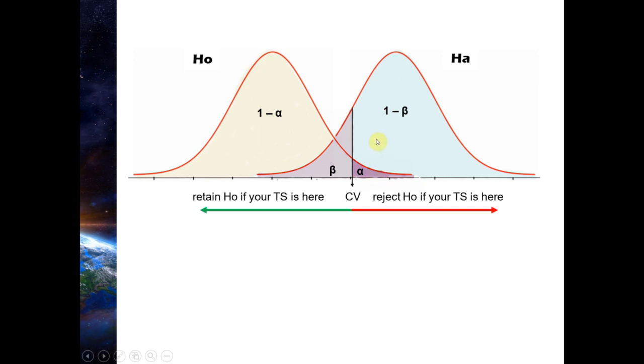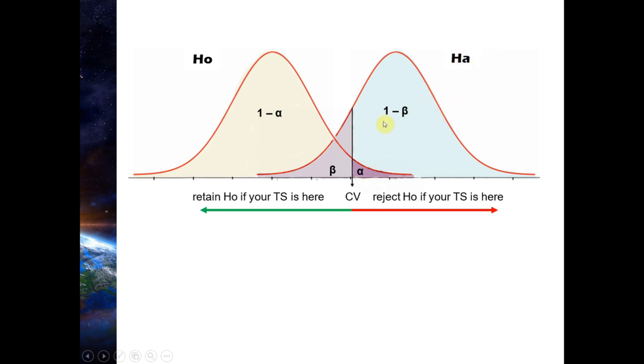They are higher probability events under HA. So that same TS value, although it's low here, is a high probability event under HA. And that's one of the reasons why we reject HO. We say it's too unlikely to belong to HO. So we're going to reject it in favor of HA.